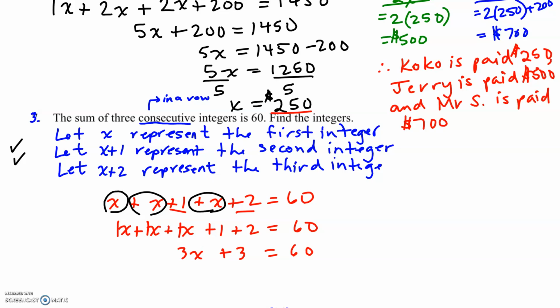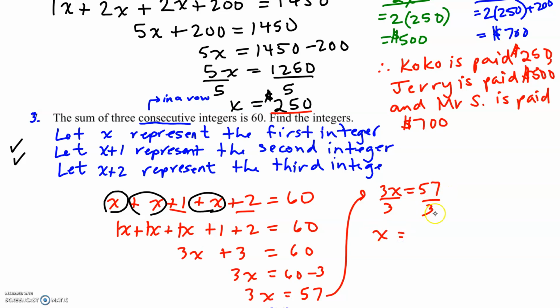Okay, now we're going to move the constants together. I'm going to move that 3 to the other side, or subtract 3 from both sides. So 3x equals 60 minus 3, and 3x equals 57. I'll just move this up here, and we'll show the dividing by 3.